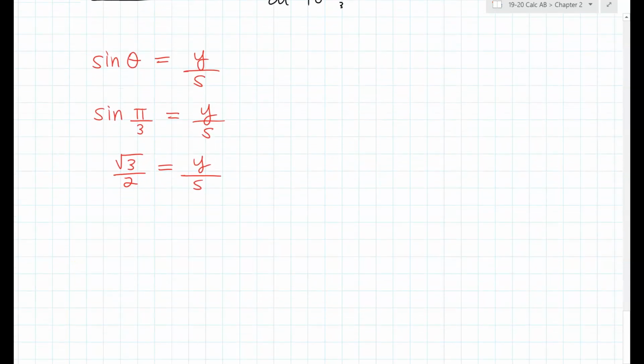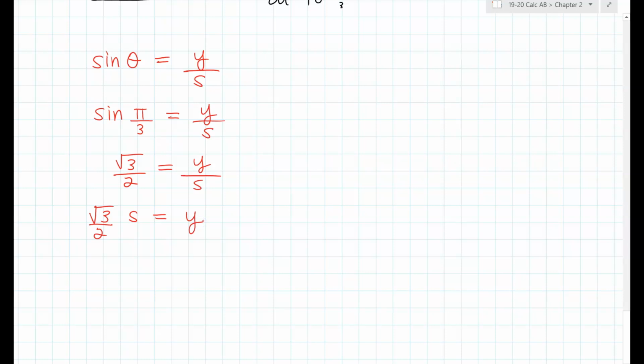Eventually I've got to get s by itself, right? So why don't I separate it from that fraction? Let me shoot that over to the other side. So radical 3 over 2 times s is equal to y.